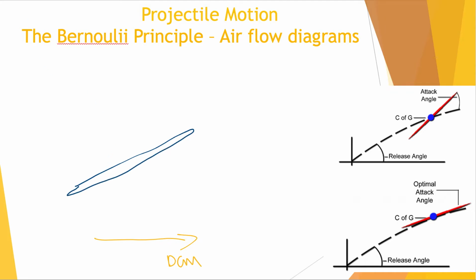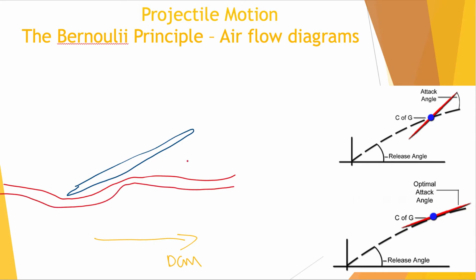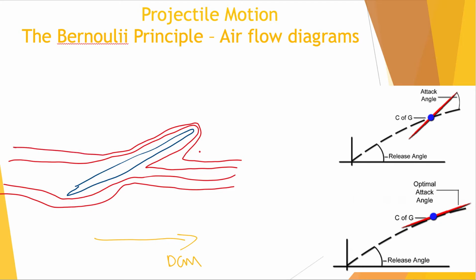Okay, so again we've got air hitting here, would be forced down and off. Air hitting here, forced down and off. But the air that hit here gets forced all the way up around the javelin and down and off at the other side. All the way up, high velocity tight, and then back to normal over here.